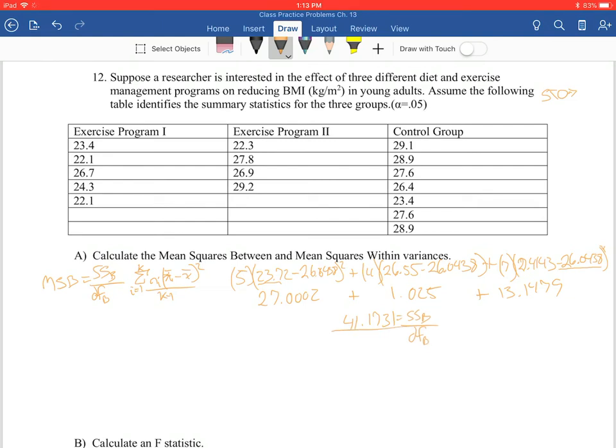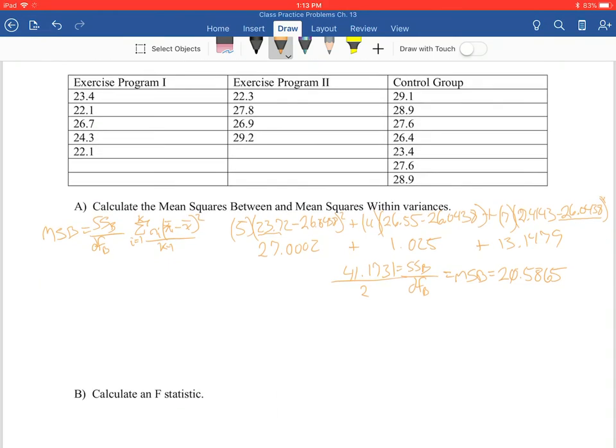Now you're looking for your degrees of freedom between, which is your k minus 1. K minus 1 here is 2. So this is going to give you the mean squares between value equaling 20.5865. So that's your mean squares between.